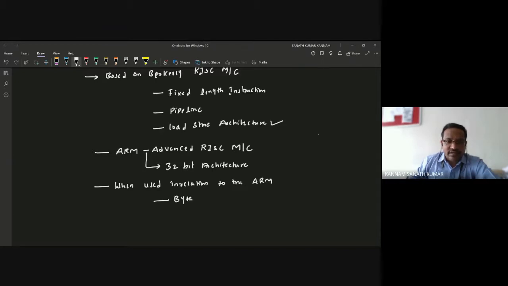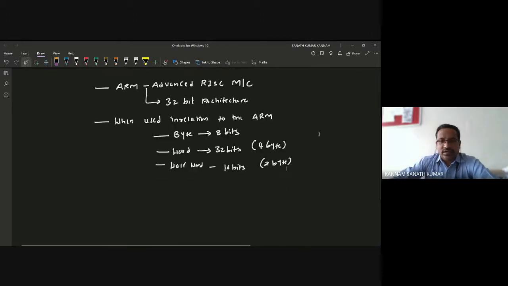A byte is 8 bits. A word is 32 bits, or 4 bytes. A half word is 16 bits, or 2 bytes. So a group of 2 bytes is a half word.